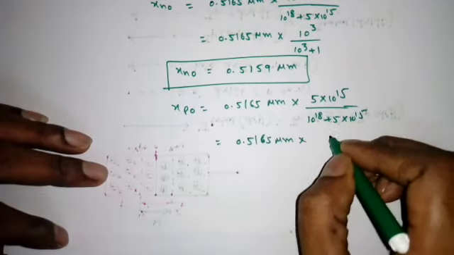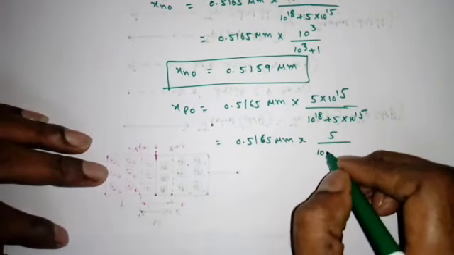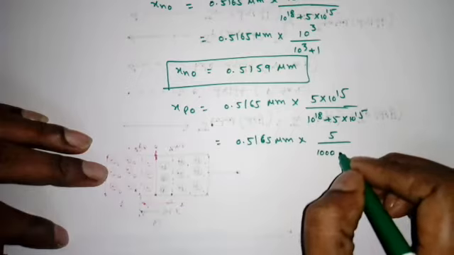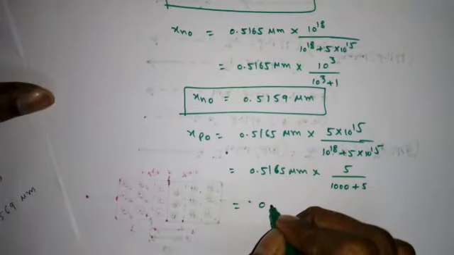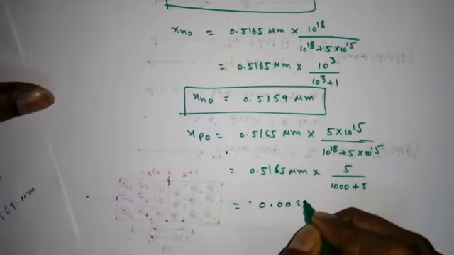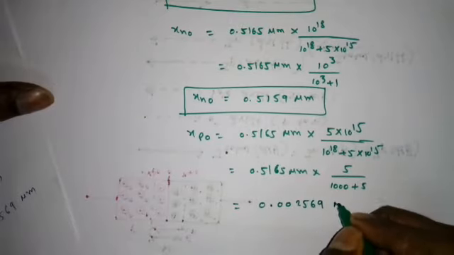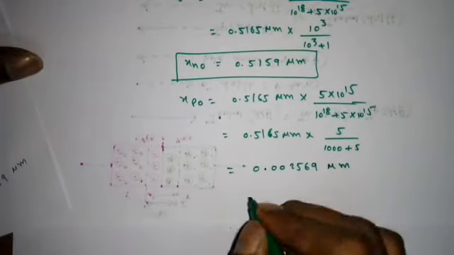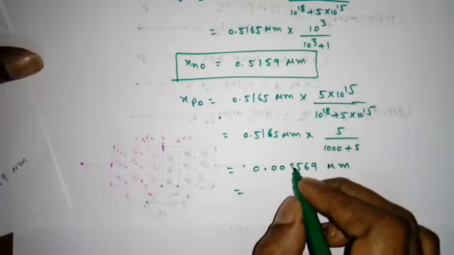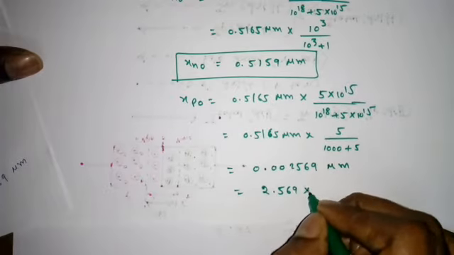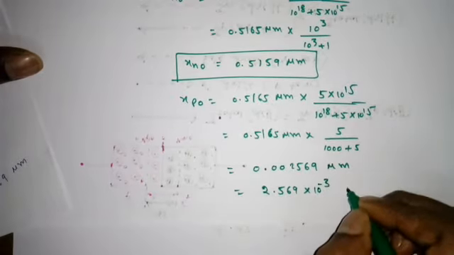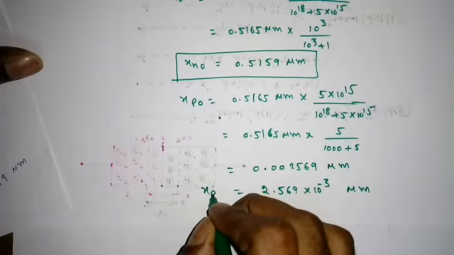If I take 10 to the power 15 common, this will become 5 by 1000 plus 5, so 1005. This will come out as very small, that is 0.002569 micrometer, or when we multiply with 1000, this will become 2.569 into 10 to the power minus 3 micrometer. This is the xp naught.